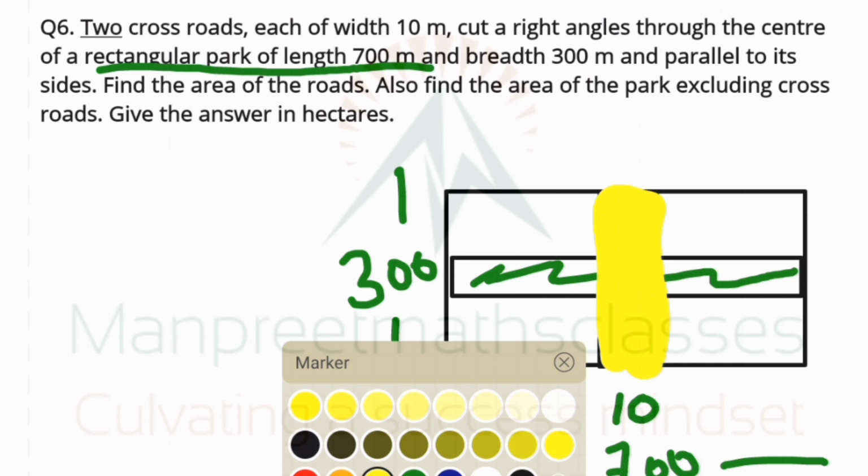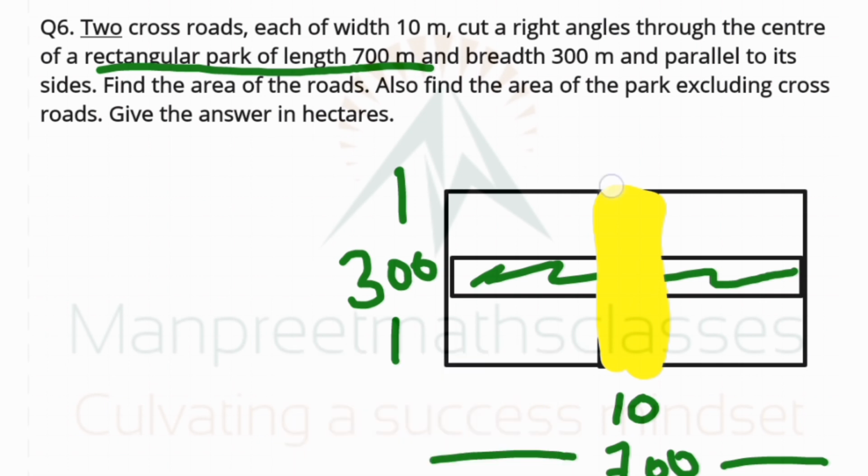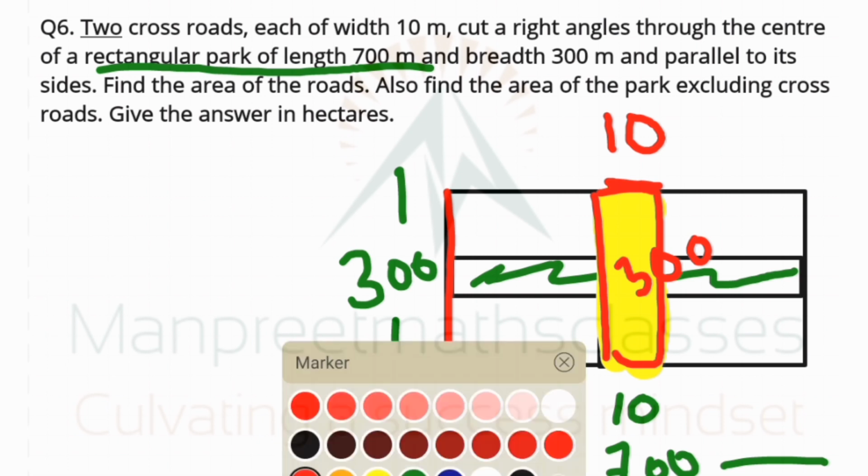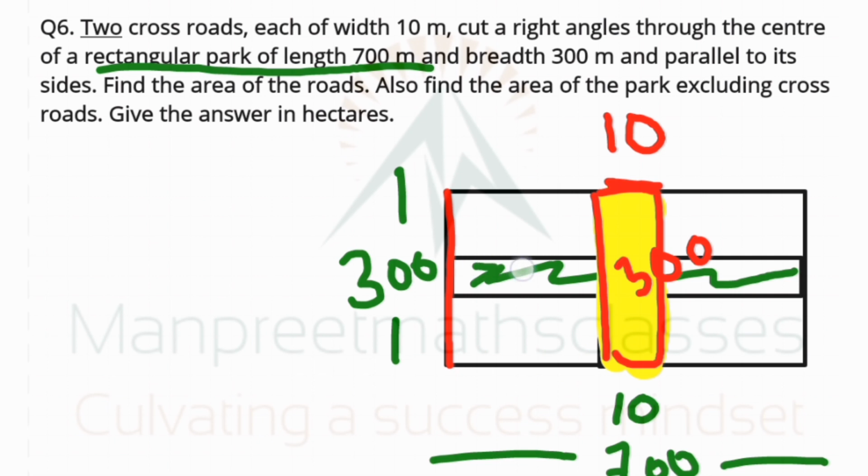Whenever we calculate the area of a rectangle we need two things, length and breadth. So here they clearly mentioned that its width, this one side, is 10 meter and this side is equal to the outer side of the rectangle, so 300 meter. So we can calculate the area of this road by the given measurement. Let's calculate it first, then we'll calculate the area of the second road.